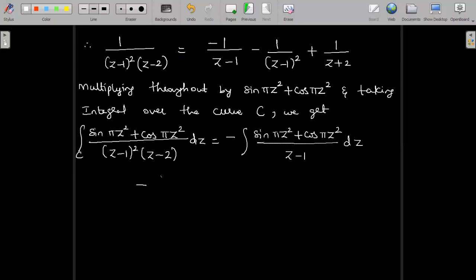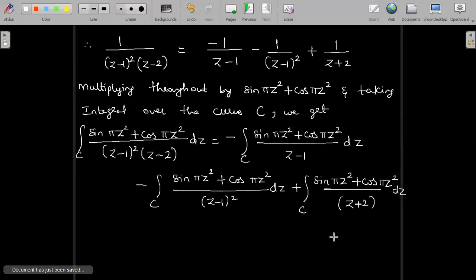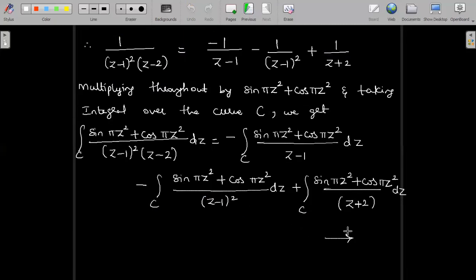Minus integral over C of sine pi z square plus cos pi z square divided by z minus 1 the whole square dz. And the last term we observe has a plus sign, so plus integral over C of sine pi z square plus cos pi z square divided by z plus 2 dz. This is equation number 1.